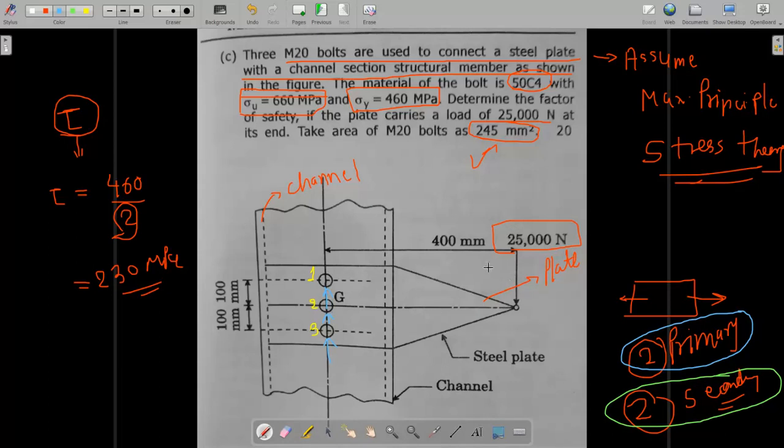The primary force will be divided equally among the number of bolts. First we will calculate the force, then divide by the area to get the stress.